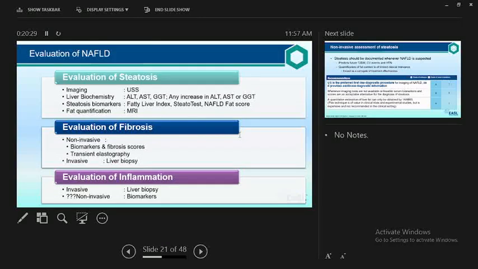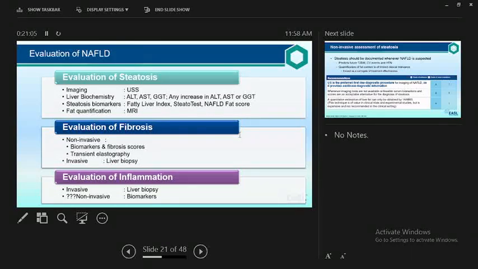So how to evaluate? How to evaluate steatosis? Still, ultrasound is the gold standard way of screening or diagnosing steatosis, that means the fatty liver, and it's very cost effective once the resources are there. In liver biochemistry, there may be elevation of AST, ALT, or gamma GT.